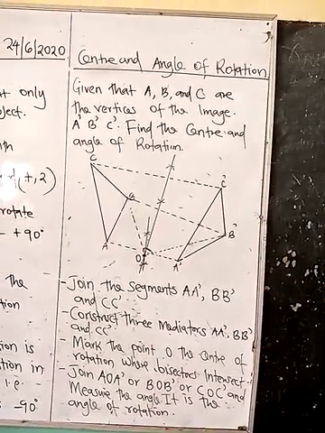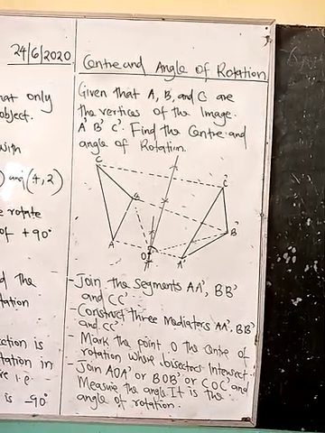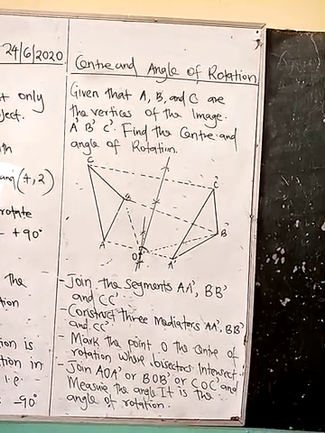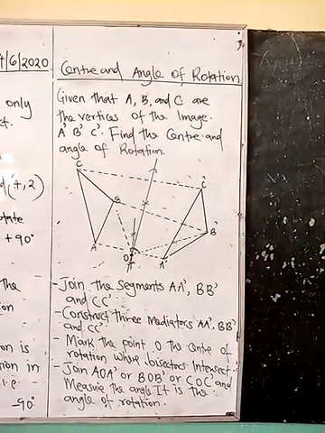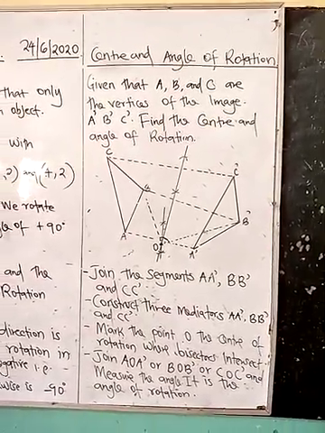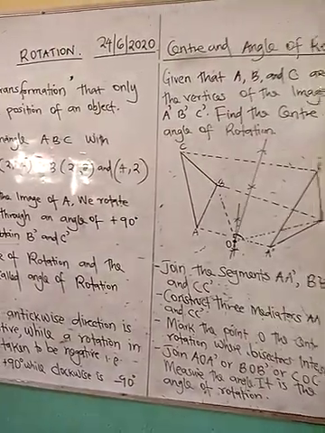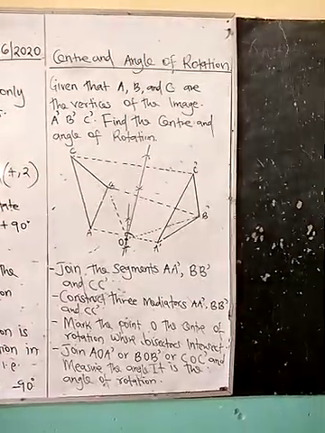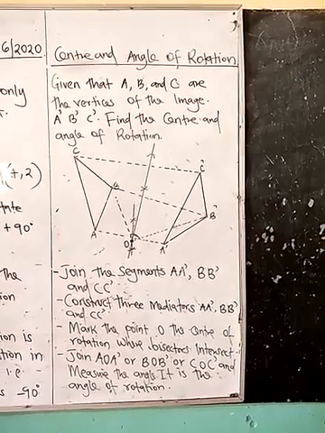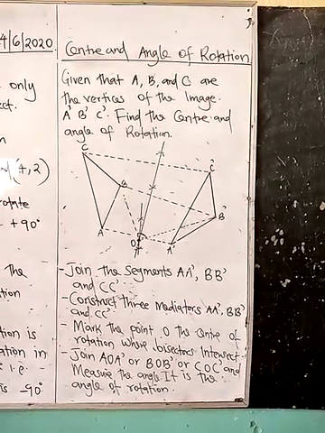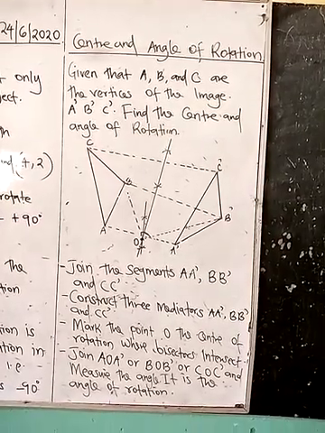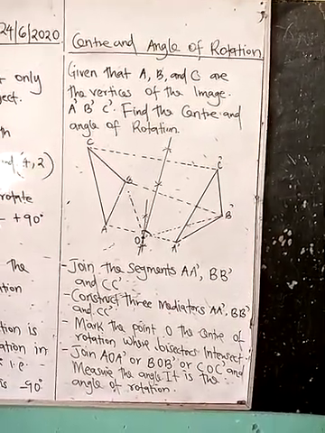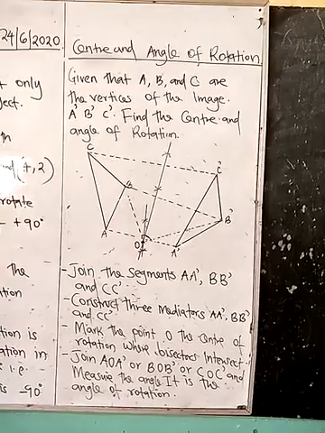And again, we have seen that when you rotate an object through 180 degrees, then we have the general formula (2x - a, 2y - b) for locating the position of the image of the object without necessarily drawing that particular object on the graph.